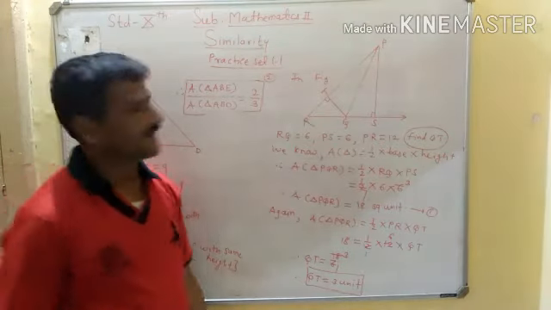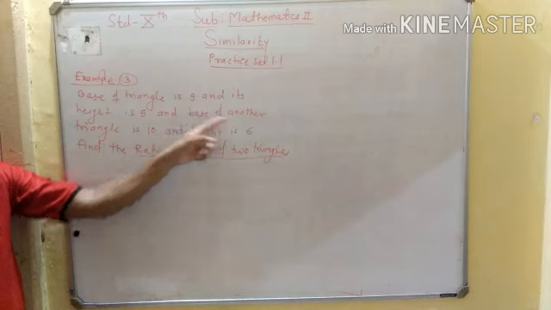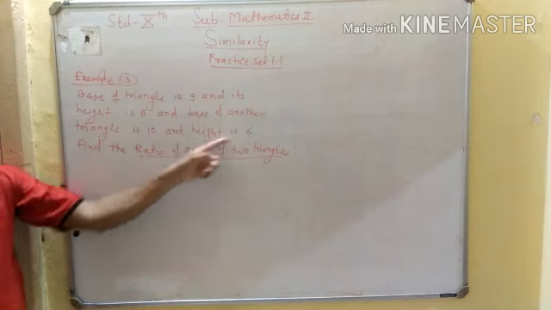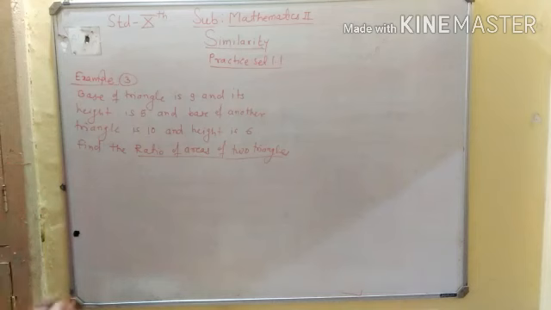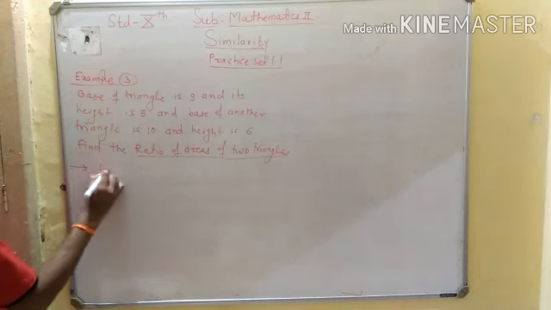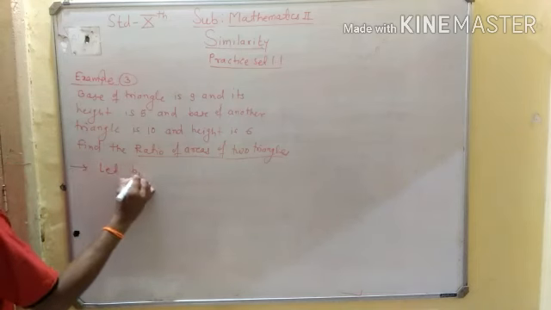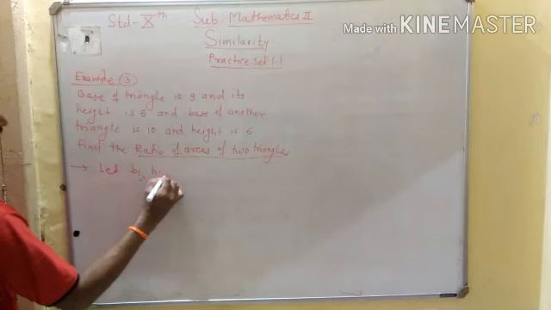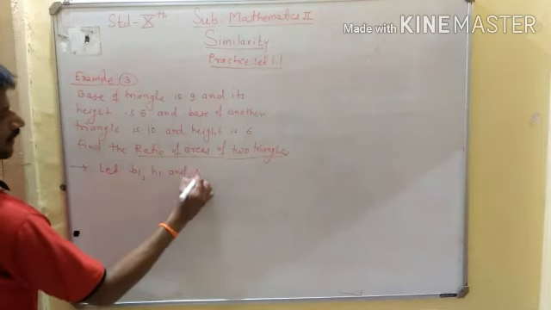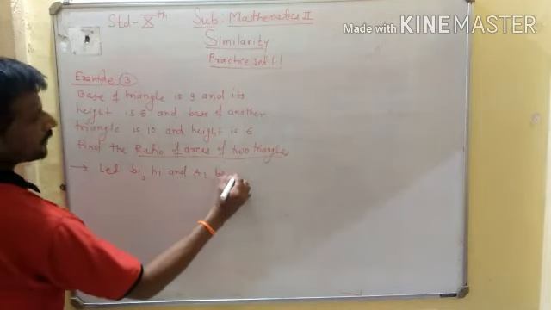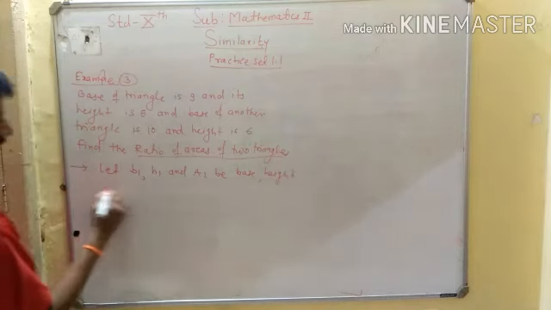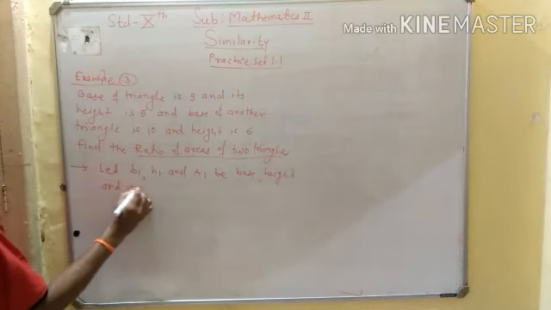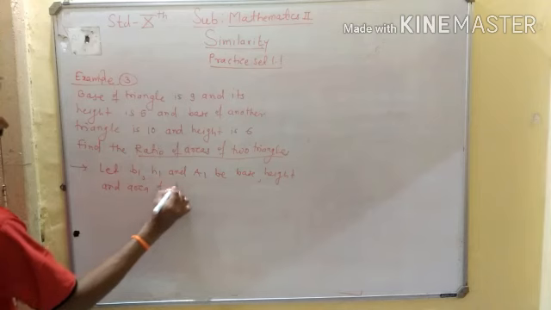The example: base of a triangle is 9 and its height is 5, and the base of another triangle is 10 and height is 6. Find the ratio of areas of two triangles. Now write the notations. Let B1, H1 and A1 be base, height and area of the first triangle.